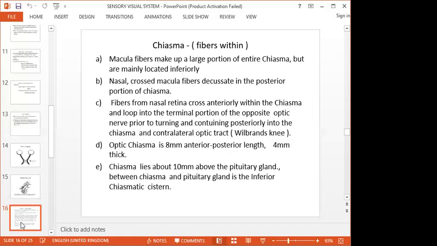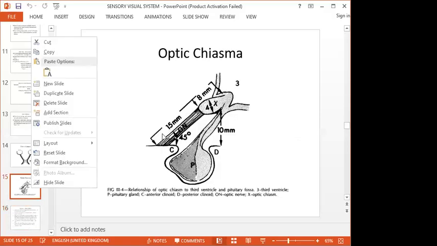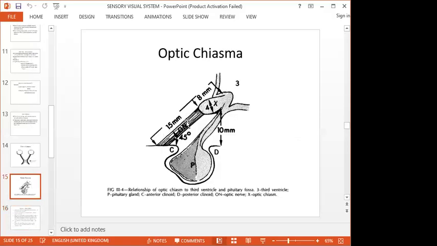If macular fibers are located inferiorly, it means in the optic chiasma, this is the optic chiasma here, this is the optic tract, a tumor of the pituitary here is likely to impinge on that. It is likely to hit there and the macula will be affected.